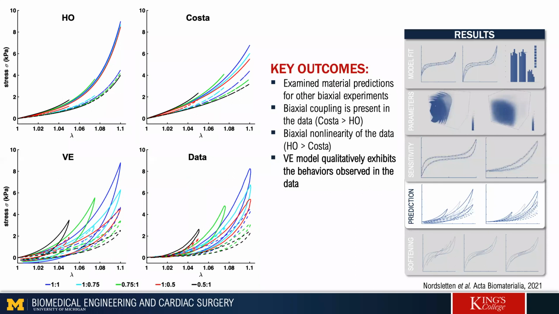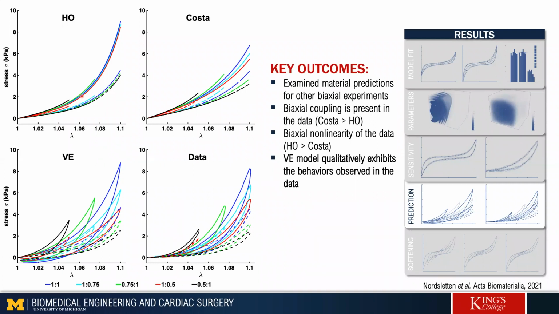And similarly, if you look at loading in these red curves here, the dashed curve and the solid red curve, you get a very different response in the cross fiber direction because of the fact that you're loading the fiber direction. And if we look at these responses in both the Holzapfel and the Costa model, they don't really capture that.